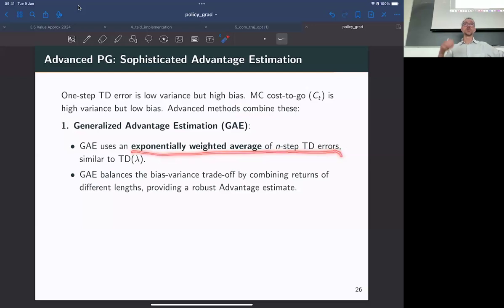So these are TD errors where instead of just looking at one step of experience and then replacing everything else with the value function, you look at multiple steps of experience, and then you truncate that computation of the cost and you replace the tail with the value function. It's something in between Monte Carlo and temporal difference learning with just one step prediction. And so you can get a good balance between bias and variance.